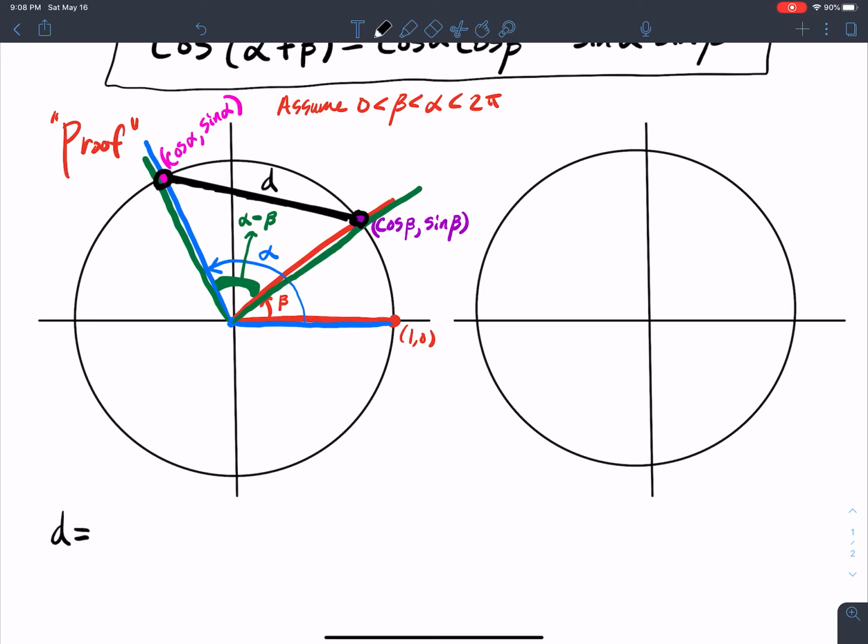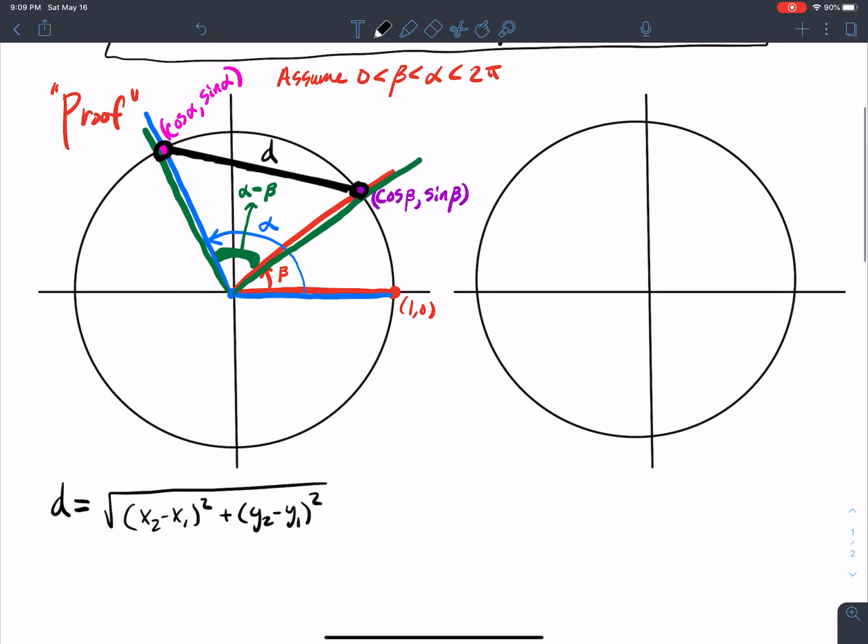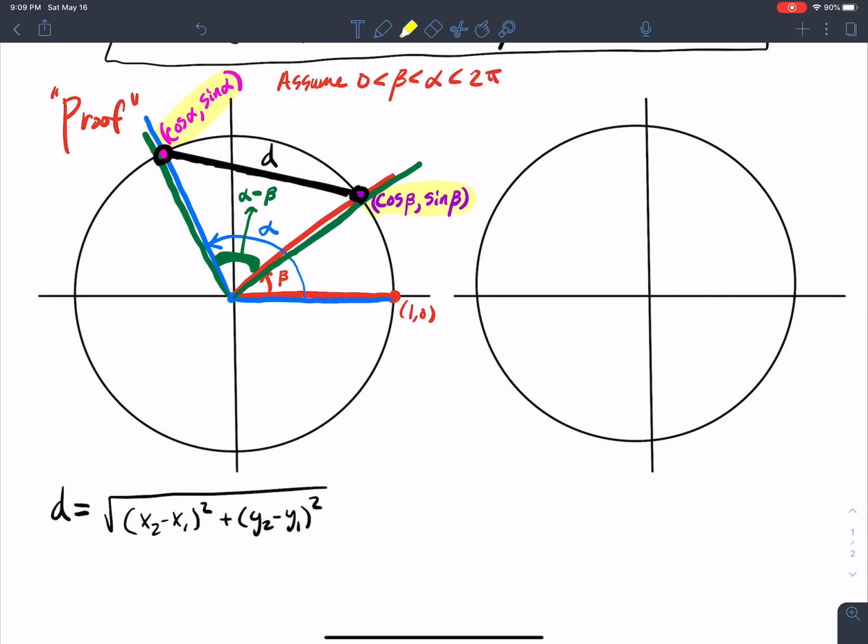is equal to, well, what does the distance formula say? The distance formula is the square root of x2 minus x1 squared plus y2 minus y1 squared. So what are my two points? My two points are cosine alpha, sine alpha, and cosine beta, sine beta.